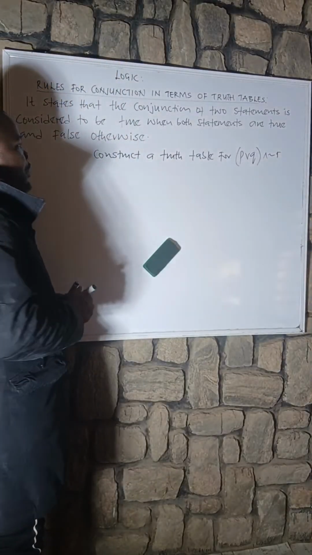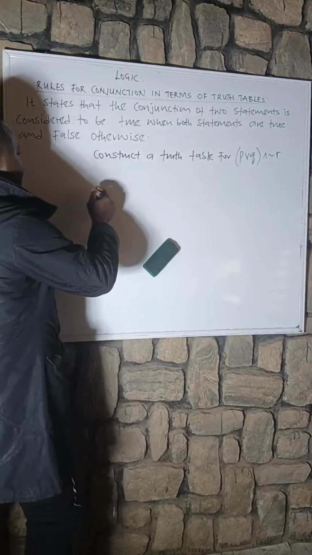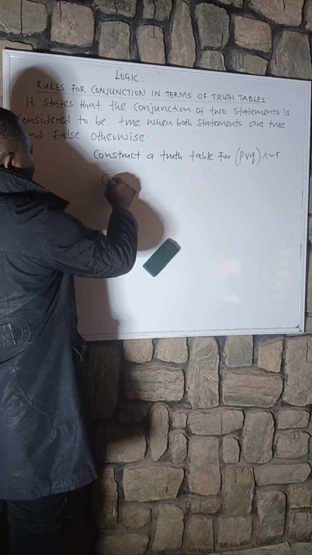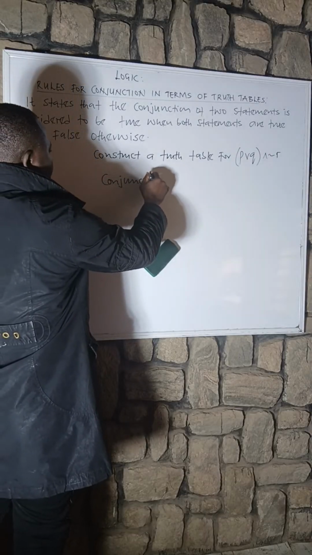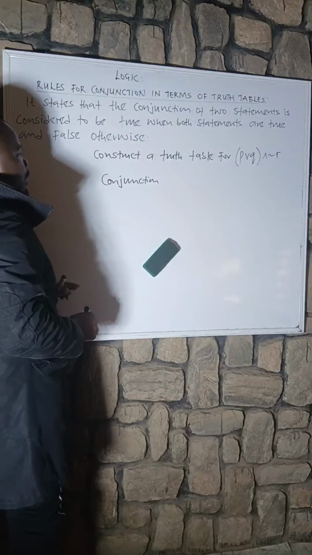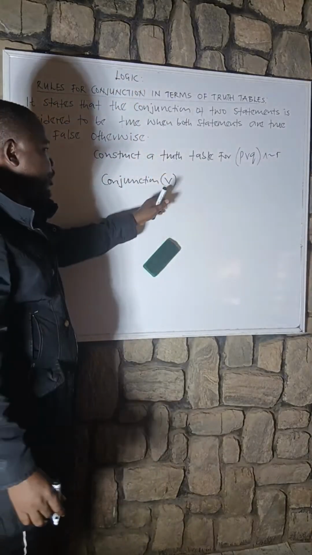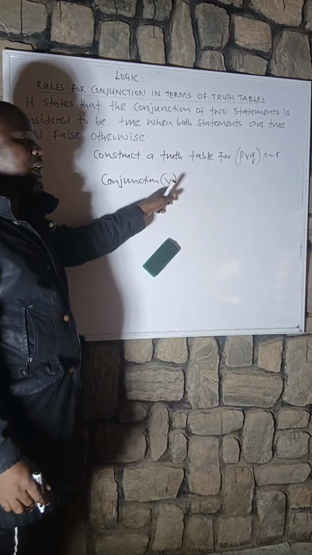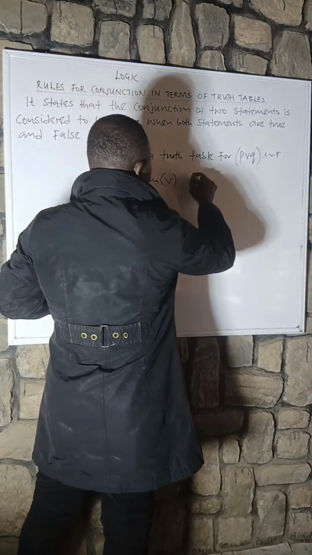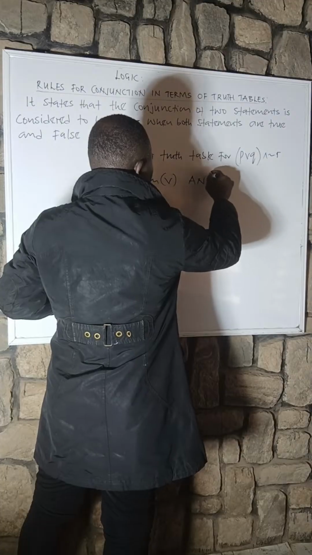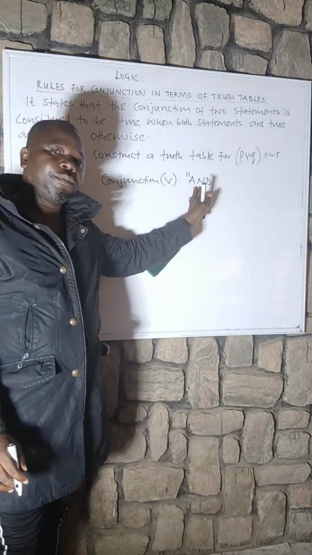Before I move further to explain this, let me just explain this. You know, conjunction, its notation is this. Not V, but this is known as conjunction. In short form, it means and. And means conjunction.